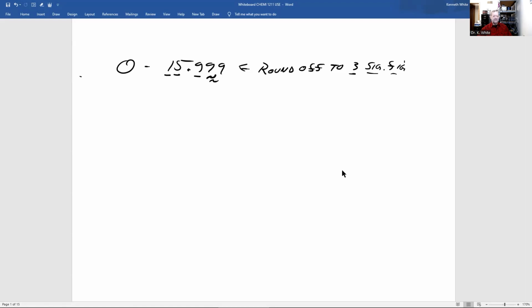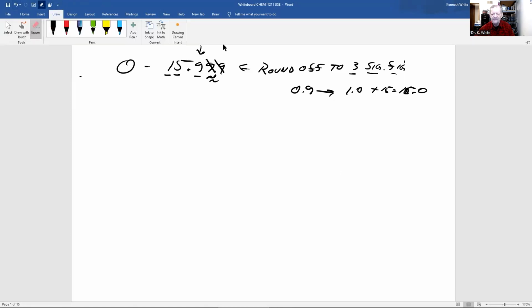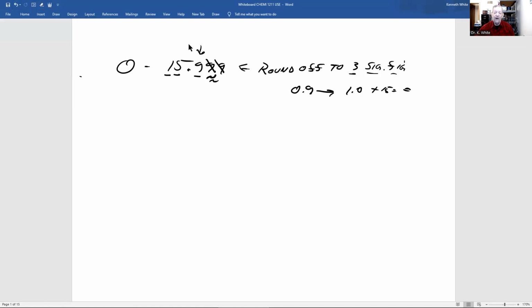Is that 4 or less, or 5 or more? It's 5 or more, so drop this and increase that by 1. Now, 0.9 when you increase it by 1 becomes 1.0, and 1.0 plus 15 is 16.0.